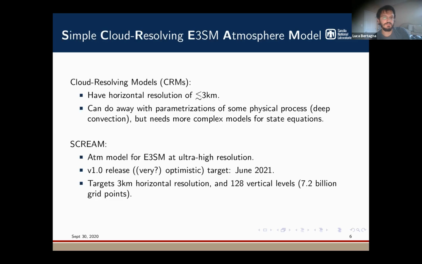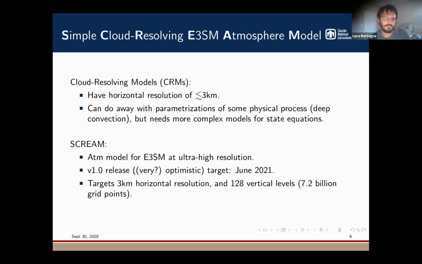SCREAM is the cloud resolving model that E3SM is trying to develop, targeting ultra high resolution. Our release is very optimistically for the first full C++ implementation sometime next year. That June 2021 is more of a deadline that tries to keep us on pace with our development. I seriously doubt we'll hit it.